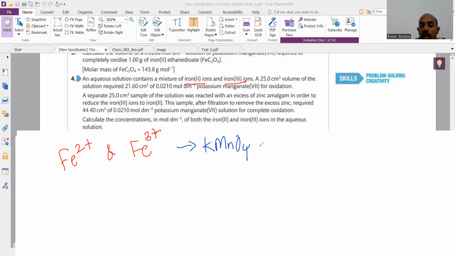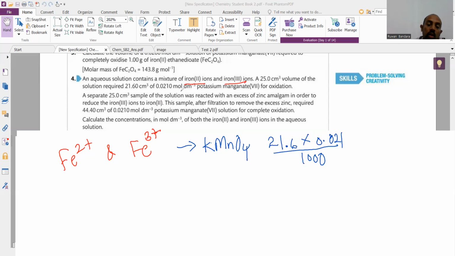So you only required 21.6 into 0.021 divided by 1000 moles.